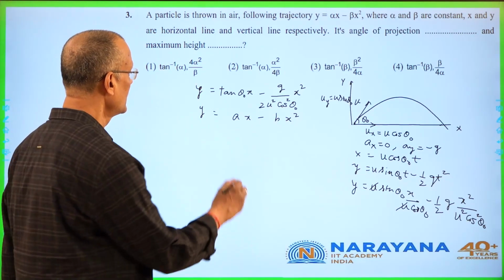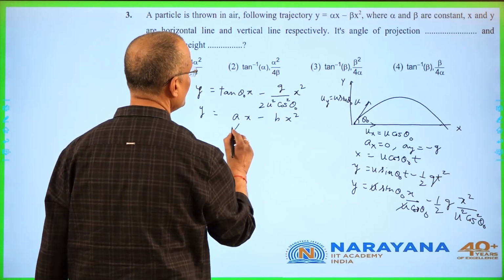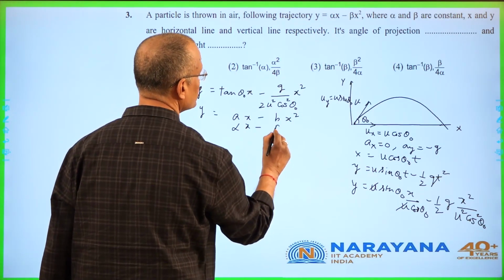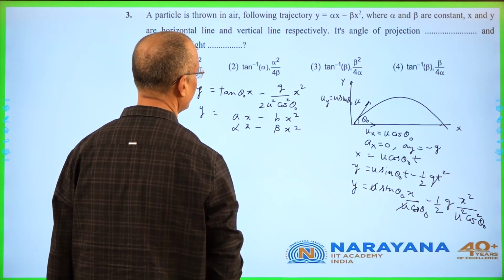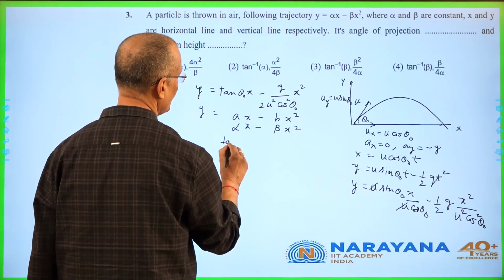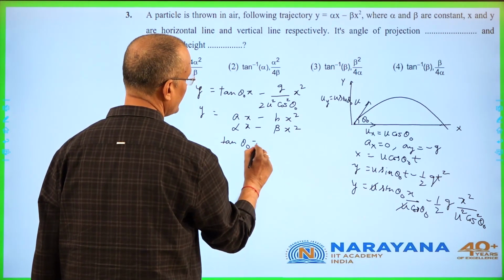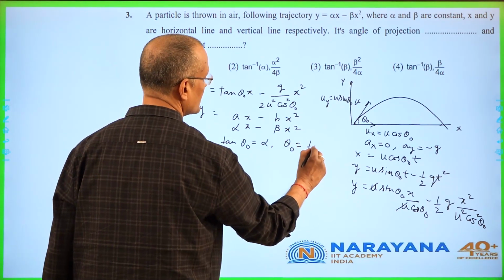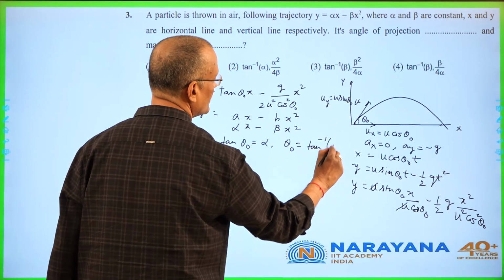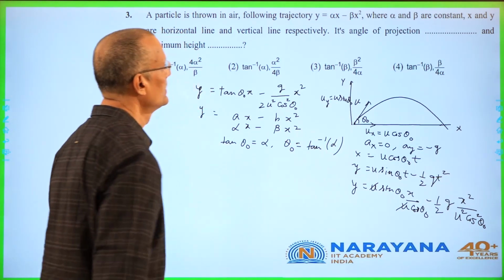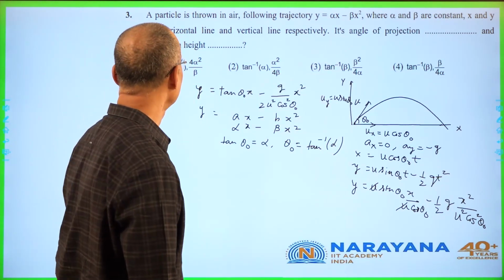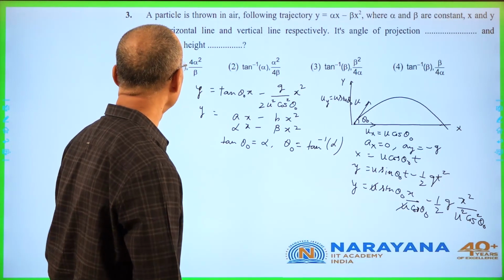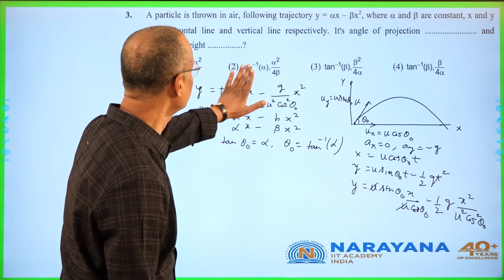Check here. Here they had given you alpha x minus beta x squared. So tan theta naught directly equal to alpha. So initial angle of projection is tan inverse alpha. The angle of projection tan inverse alpha, it is here.